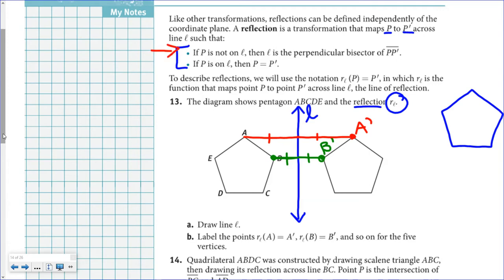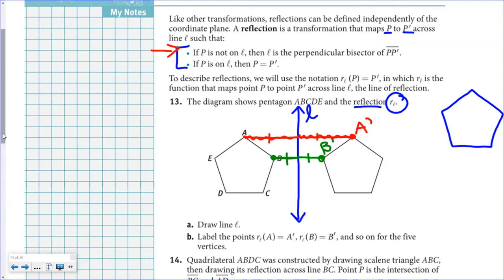If a point is not on your line of reflection, then the line of reflection, we're going to come back to the perpendicular part, is the bisector of the point to its image point. So this line L cut this segment in half into those two congruent segments. And it's going to do that between every 2 points.